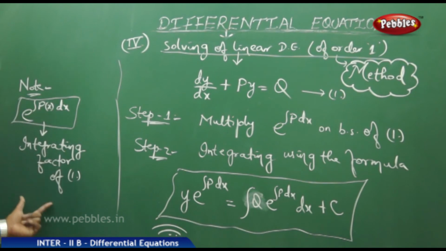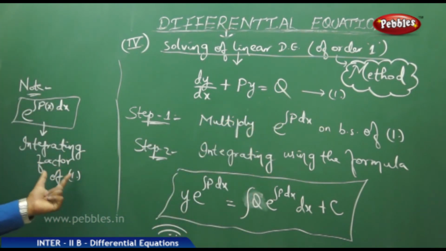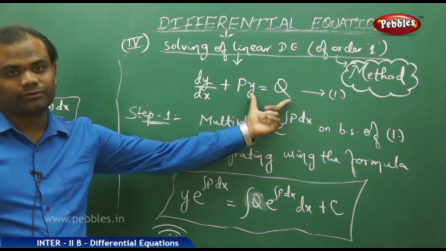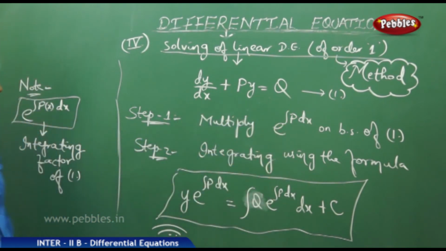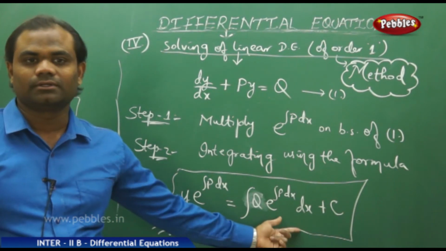We call this the integrating factor of 1 because this helps us in integrating the given differential equation, and hence this is the integrating factor of 1. It helps in integrating the given differential equation with its solution.